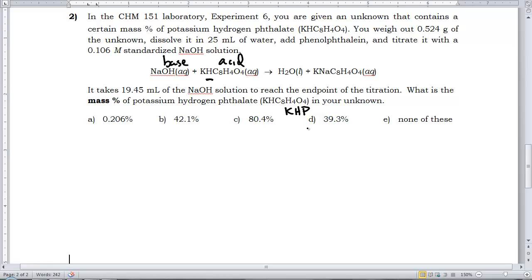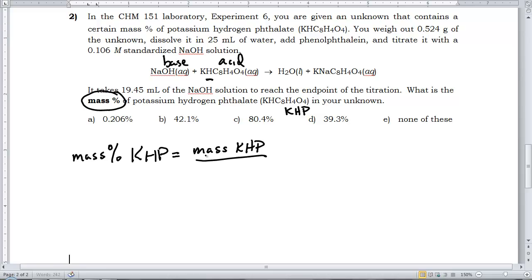We are titrating that acid with the strong base sodium hydroxide. Now, you might remember what you solved for in that experiment. Mass percent KHP. So to solve for that, we need the mass of KHP, the part, divided by the whole, which is the sample mass, multiplied by 100 to get a percent.